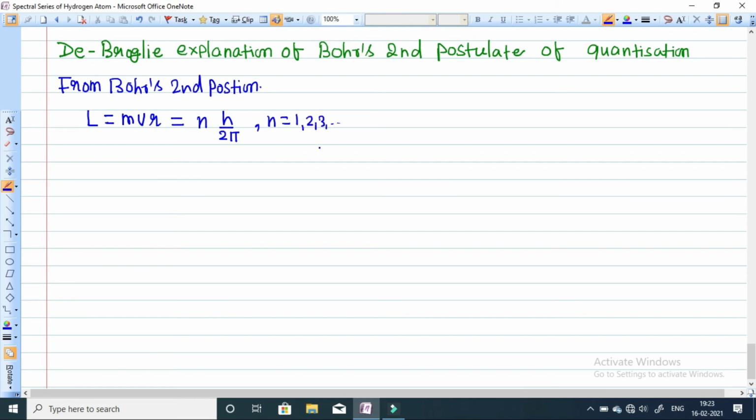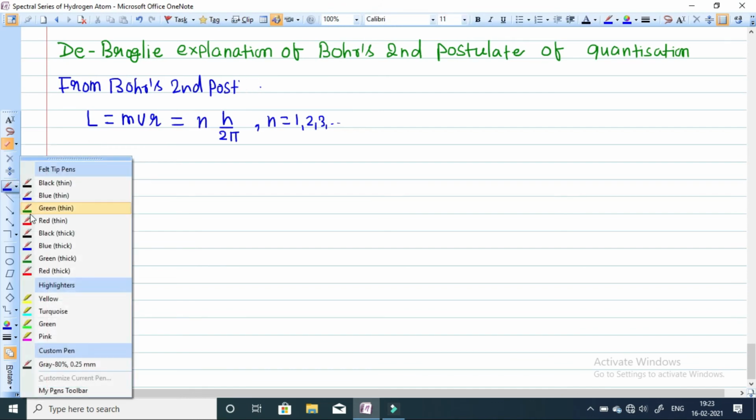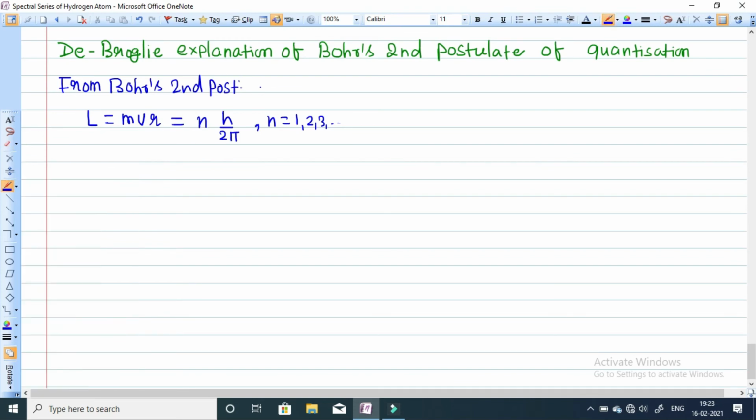Now we will see this Bohr's second postulate from de Broglie's point of view.